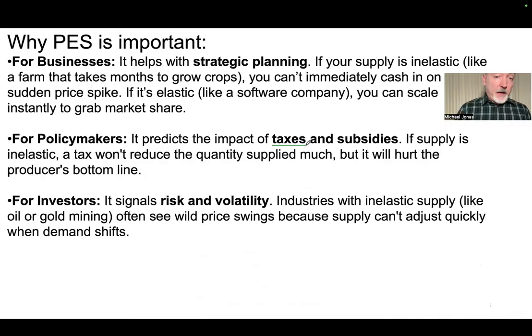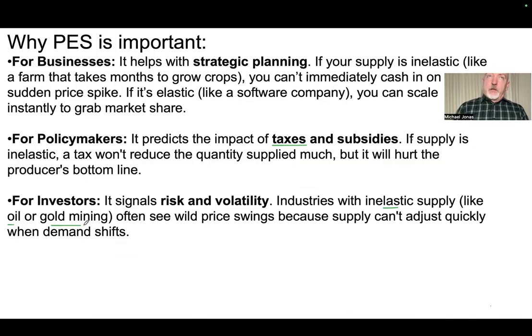From the point of view of investors, we can think of volatility as being tied to elasticity. So industries with an inelastic supply, for example, oil, like we talked about, or gold, often see big price swings because supply can't adjust quickly when demand shifts. So all of the impact of a demand shift is on price as we go up and down a very steep supply curve, as opposed to quantity.